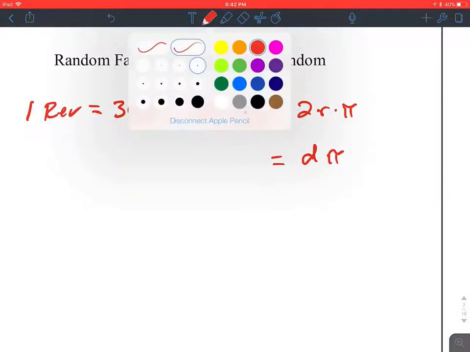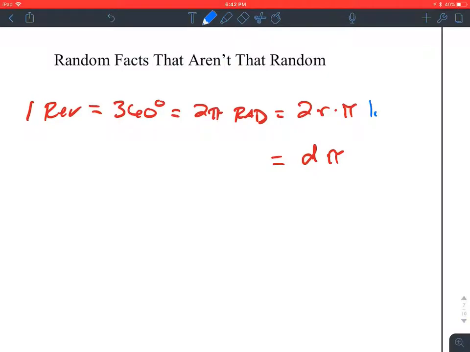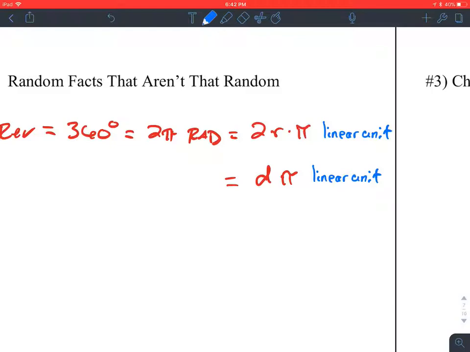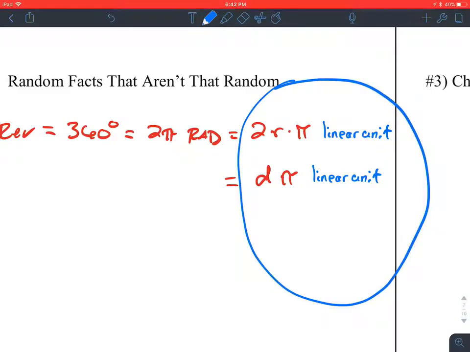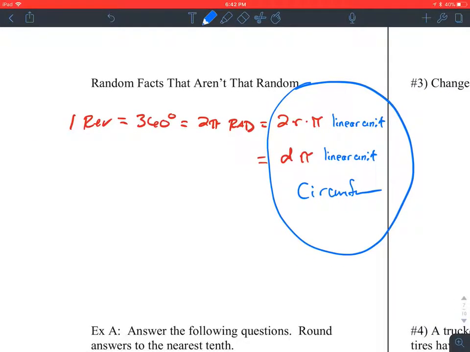In either case, you're going to have some kind of linear unit with this. Linear unit meaning something like inches, feet, miles, kilometers. Please note in your notes that this is referring to circumference. The reason I'm asking you to note that, that's the part that I'm afraid you're going to forget. Circumference and 1 revolution are equivalent.